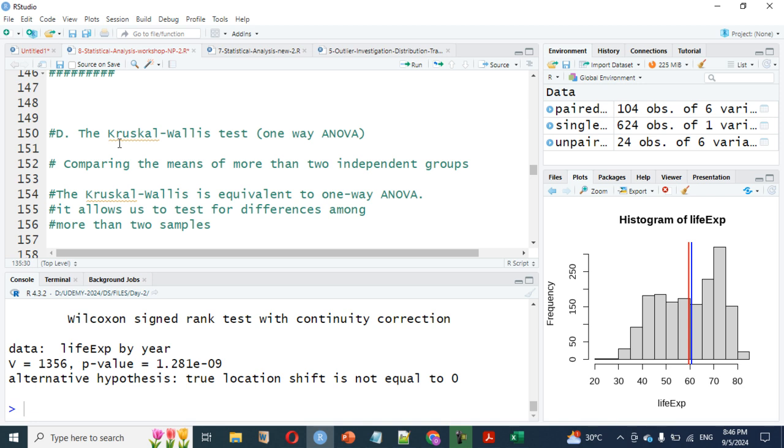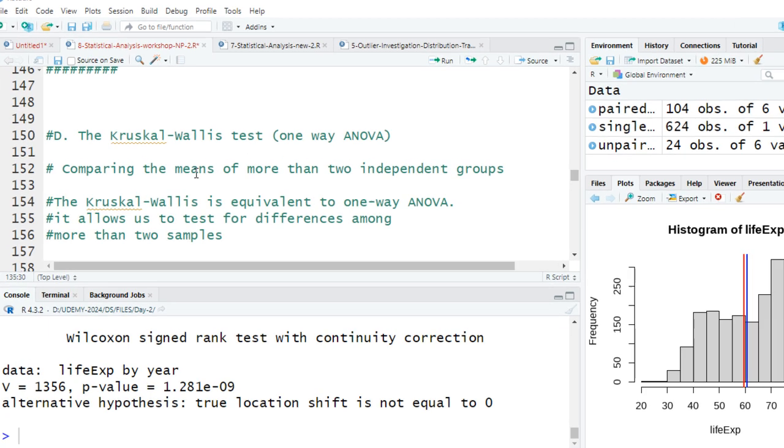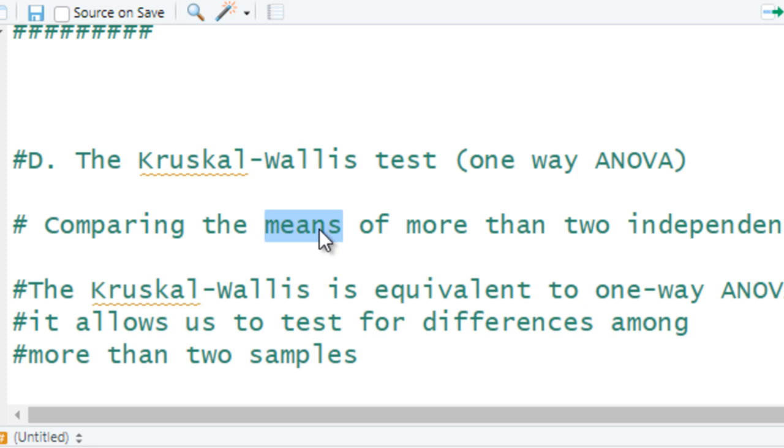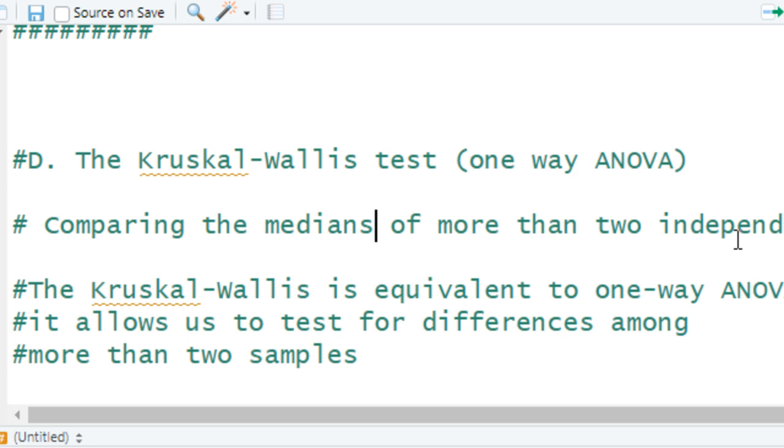So we are going to use what is called the Kruskal-Wallis test. This is comparing more than two independent groups. But don't forget, here we are comparing the medians of more than two independent groups now.